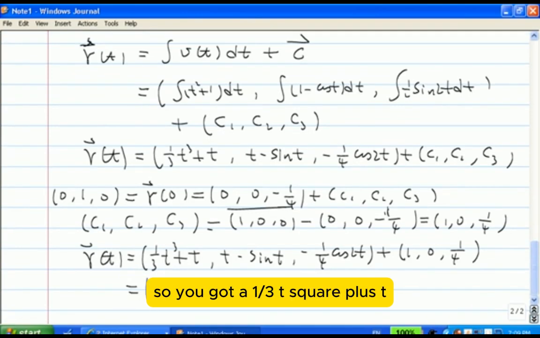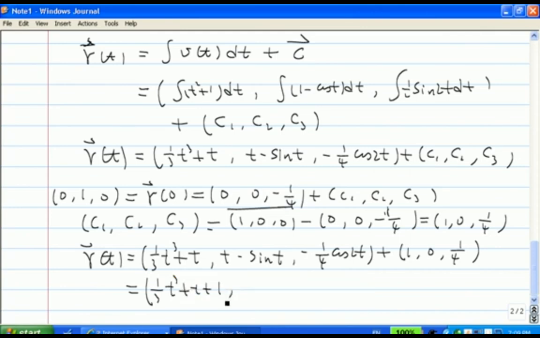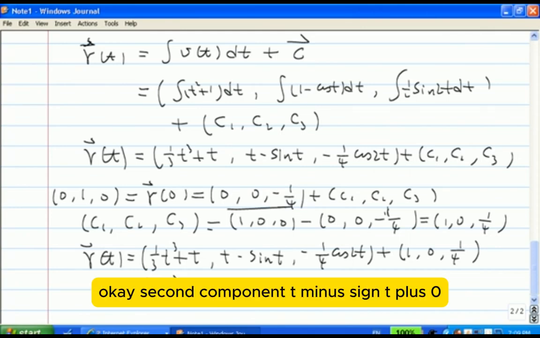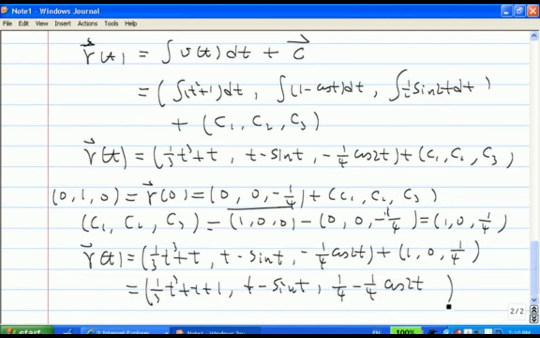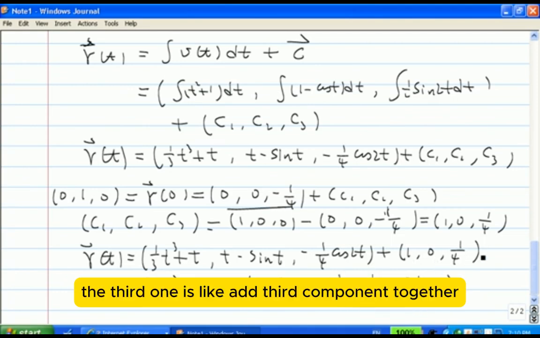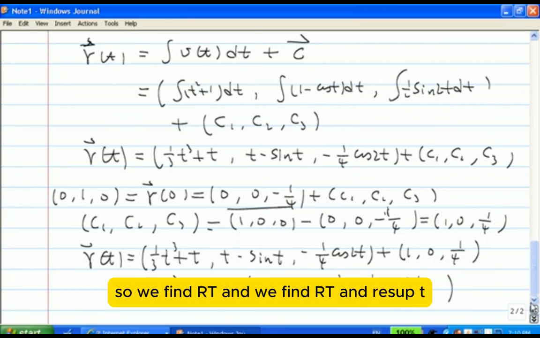So you get 1/3 t to the third plus t plus 1. Second component, t minus sine t plus 0. Then you get 1/4 minus 1/4 cosine 2t for the third component. Okay, so we find r of t and v of t.